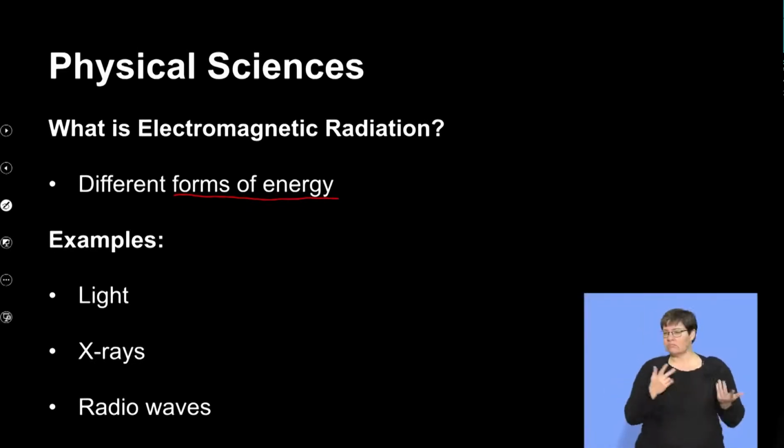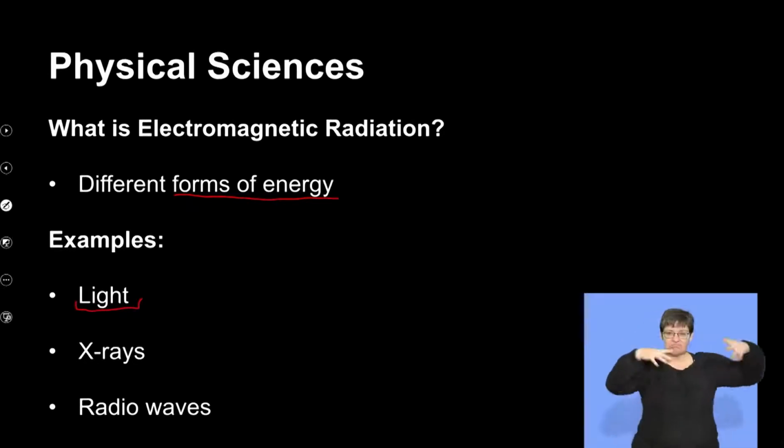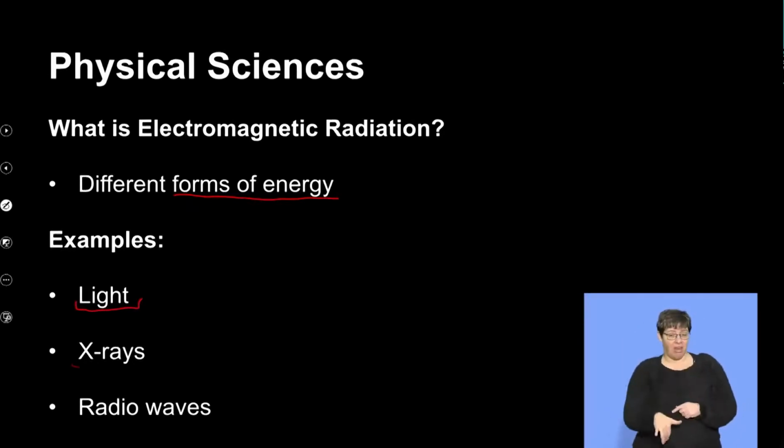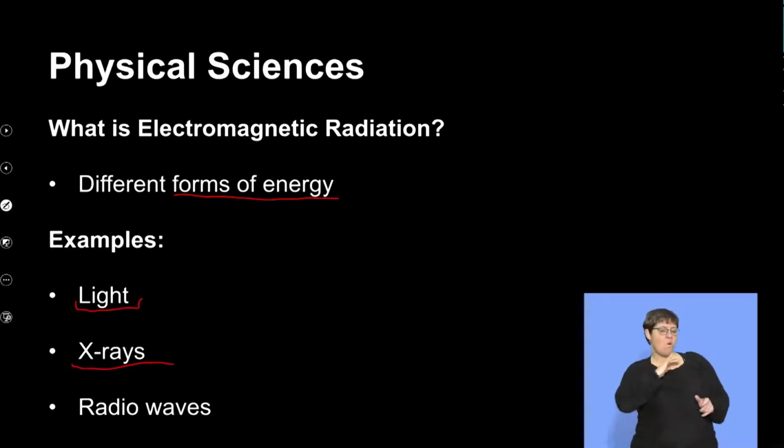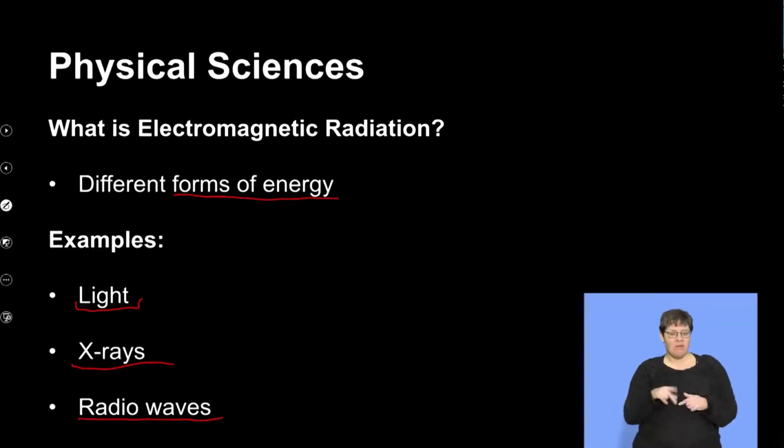We see it coming out of the light fixtures that we use to illuminate our homes. It's used by X-ray machines in hospitals to take a look inside people's bodies and see what's wrong. And as I mentioned at the beginning, it's used to transmit radio signals across our country so that you can hear your favorite song no matter where you are.